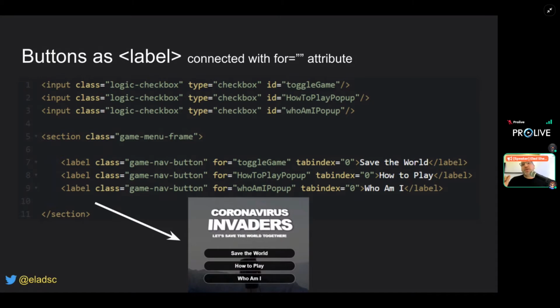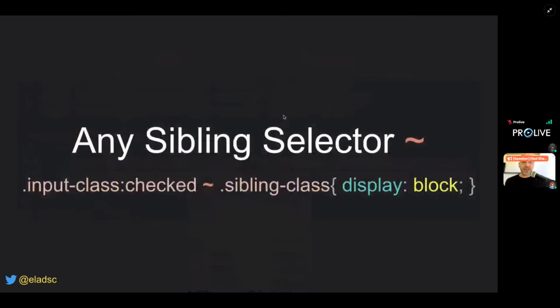But this is only changing the statuses of those checkboxes. Now we need to use this status to show or hide other frames of the game. And to do that, I'm using two special CSS features. The first feature is the checked pseudo class. I can see if there is a specific checkbox that is in the status of checked.